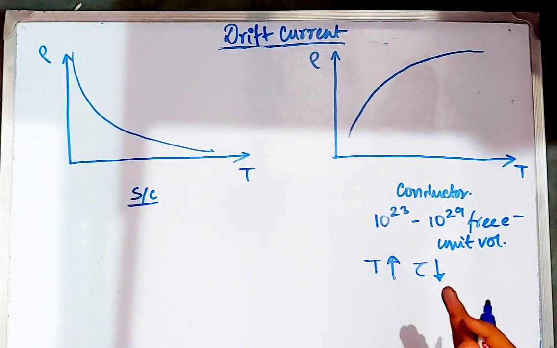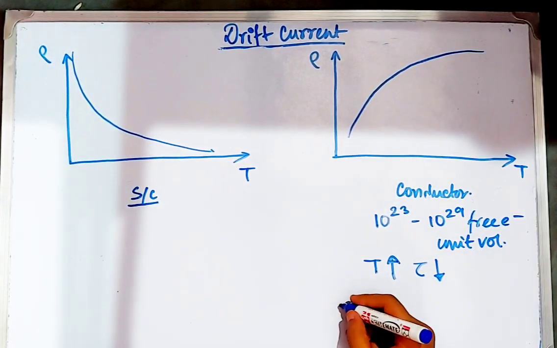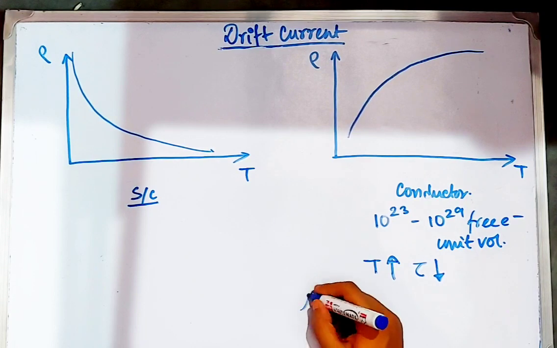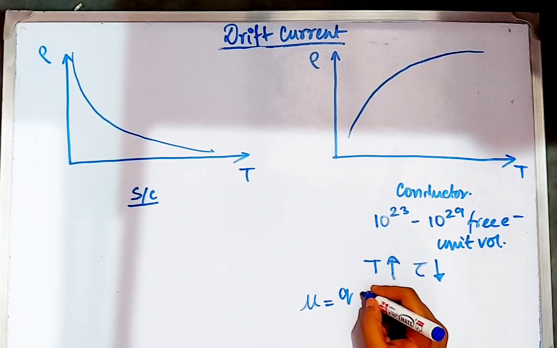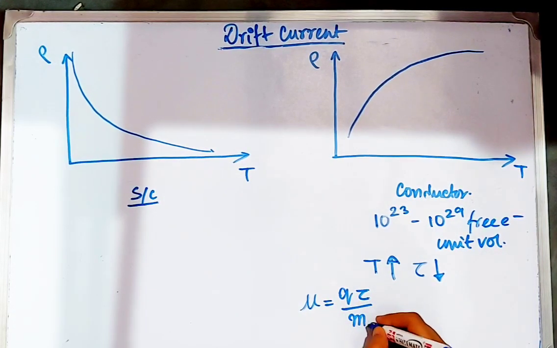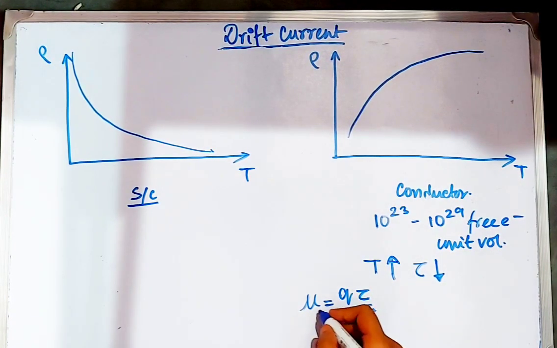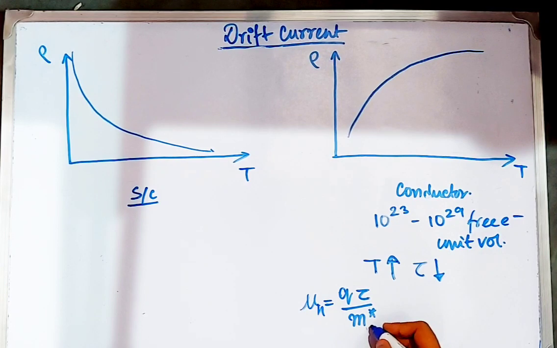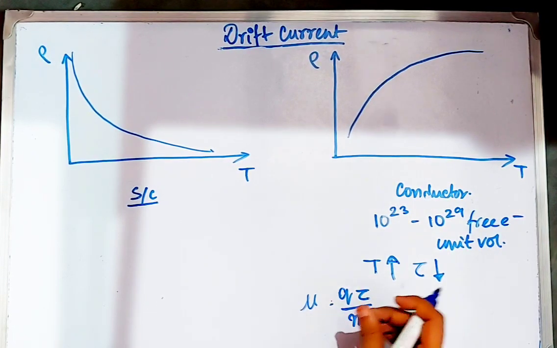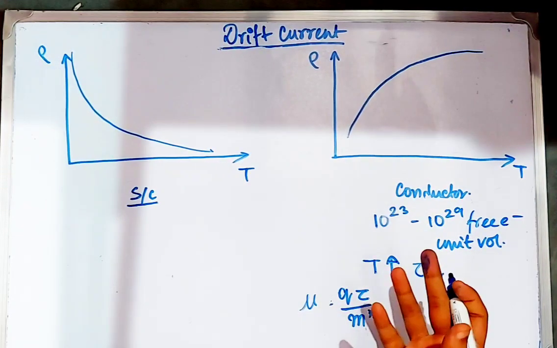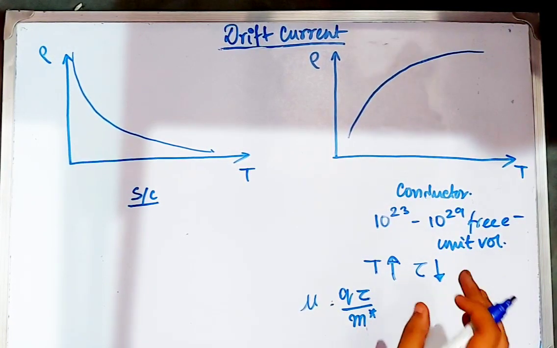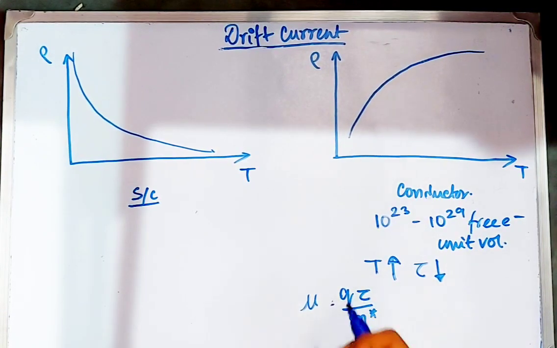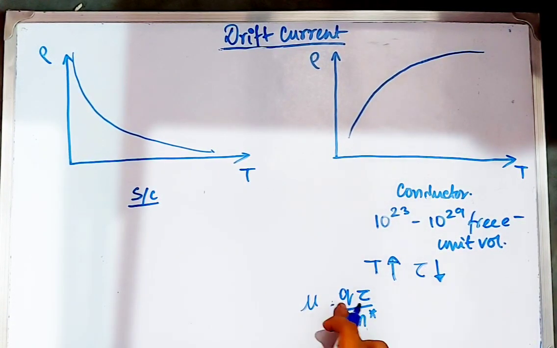And what does that mean? We have seen the mobility formula, that mobility is equal to Q tau by me star. If I talk about the n type, as in this case we are discussing conductors, and in conductors we only consider free electrons as our charge carriers.